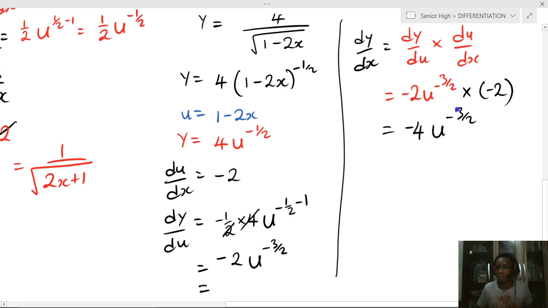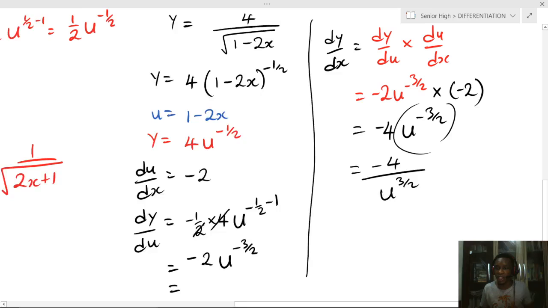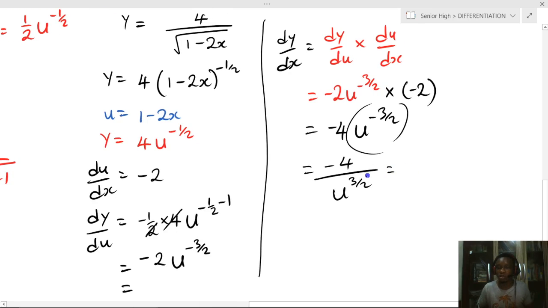So what's u raised to the power minus 3 over 2? Remember indices: it is 1 over u raised to the power 3 over 2, so we have minus 4 over u raised to the power 3 over 2. We can still go further: u raised to the power 3 over 2 is taking the square root of u cubed. And this is minus 4.